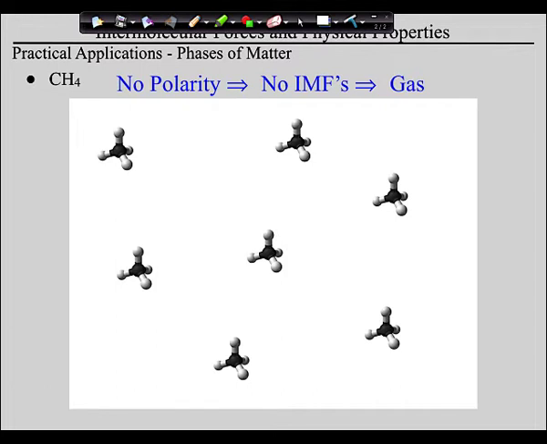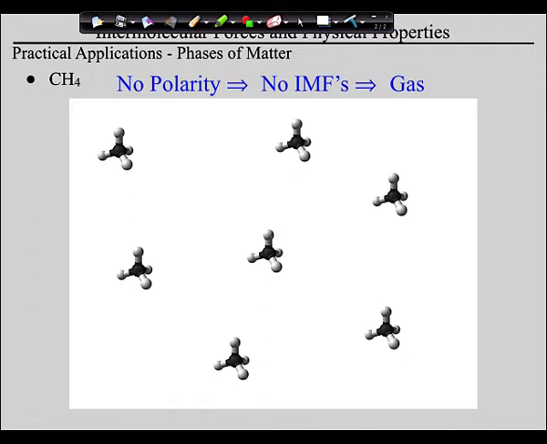But the idea is that if you put them under enough pressure, you can actually get them to turn into a liquid. And that's what's sloshing around inside of there. And if you pull the trigger, the pressure comes off and it comes back out as air. So the answer is, yeah, you can take nonpolar molecules and turn them into liquids, and even solids, you just have to compress them really hard. So, yeah, interesting stuff. All right, you guys good on CH4?